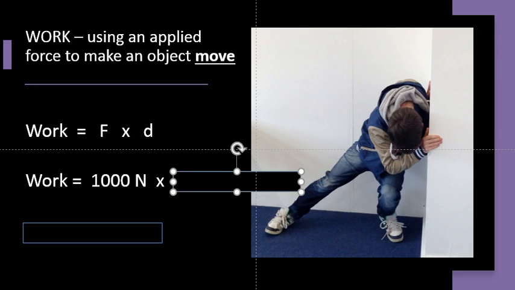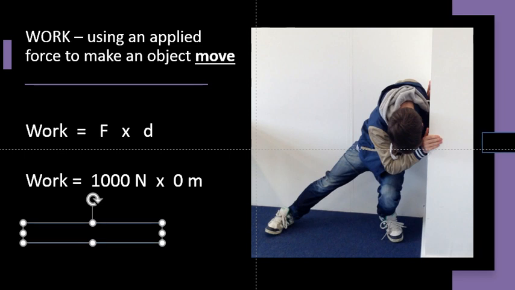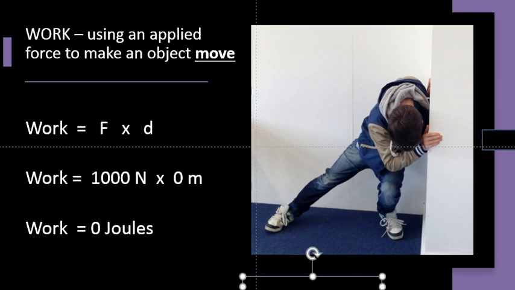But no matter how much force he applies, if the object doesn't move and we have zero distance, then no matter how big that force number is, if we multiply it by 0, then we get 0. 1,000 newtons times 0 meters is equal to 0 joules, and that's the unit for work. 1,000,000 newtons times 0 is still going to be 0.